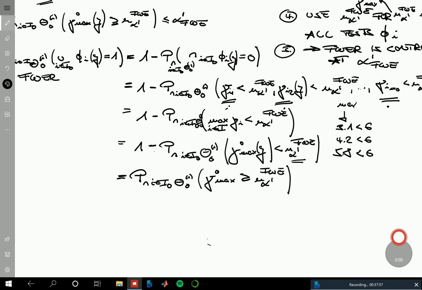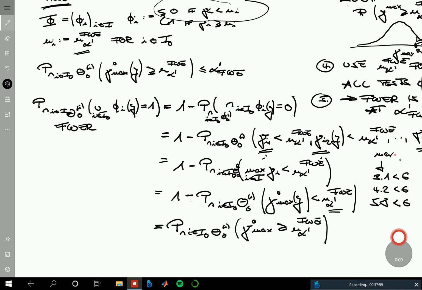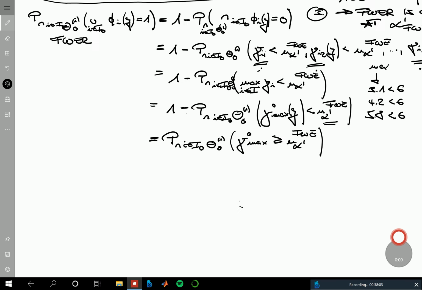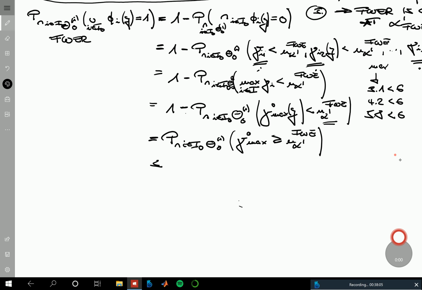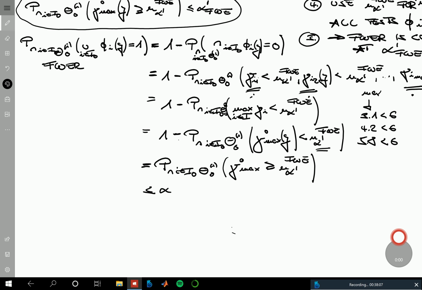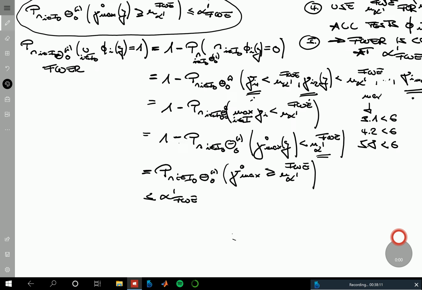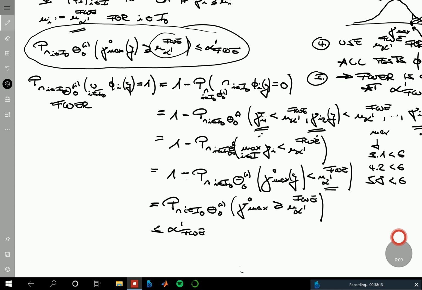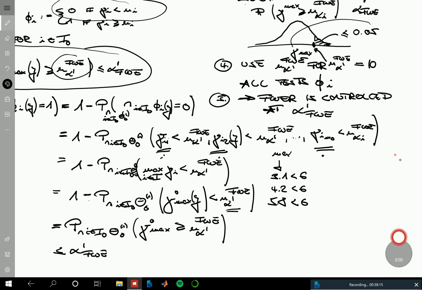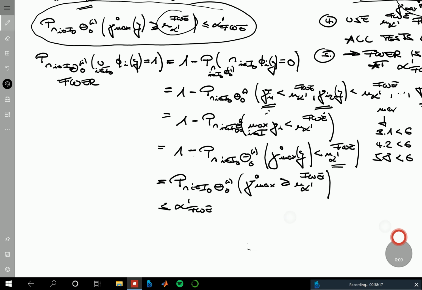And now we have already chosen that we want this probability to be smaller or equal to alpha prime FWE. This is how we chose our critical value here. And now we have seen that if we do this, then the family-wise error rate is actually smaller than this.